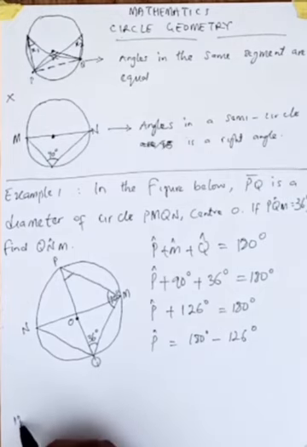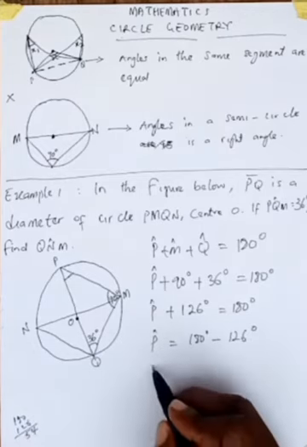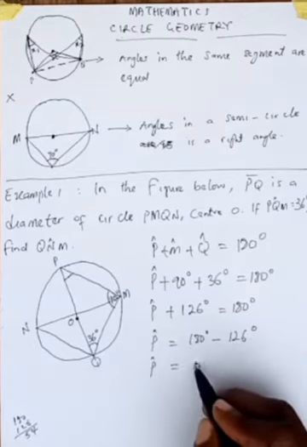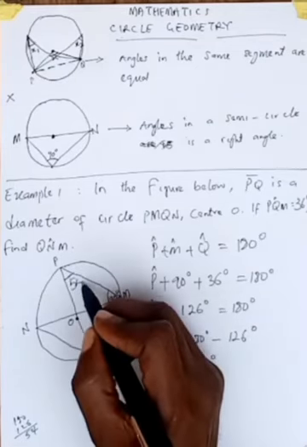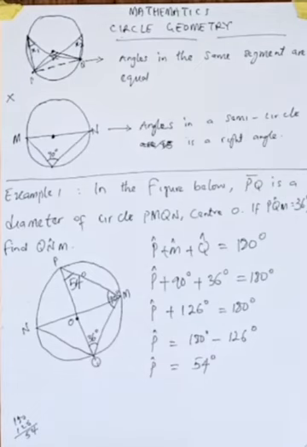Now 180 minus 126, this is 4 and this is 5. So we can say the angle P here is 54 degrees. So it shows that this angle here is equal to 54 degrees.